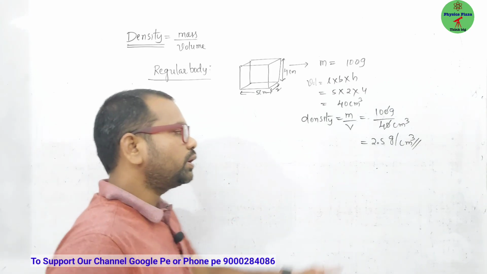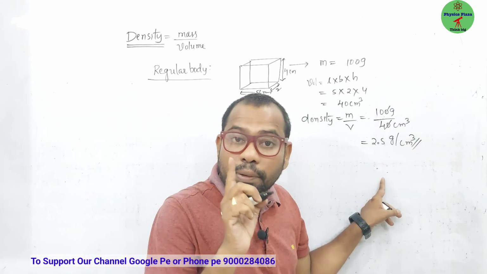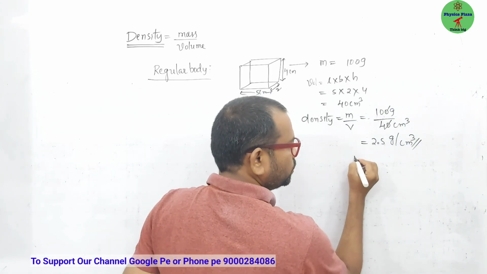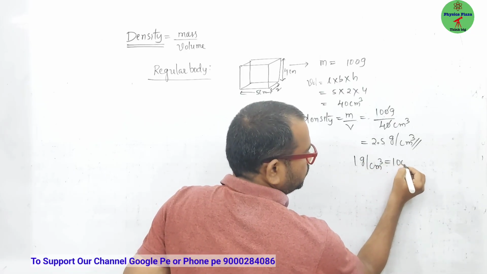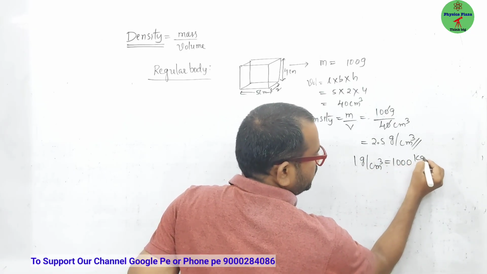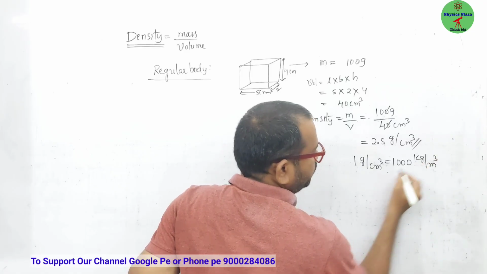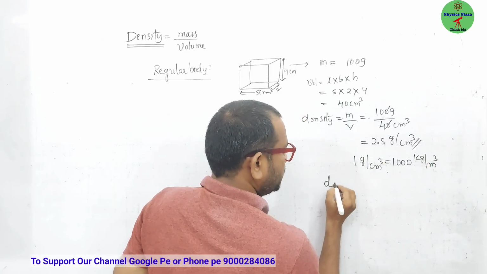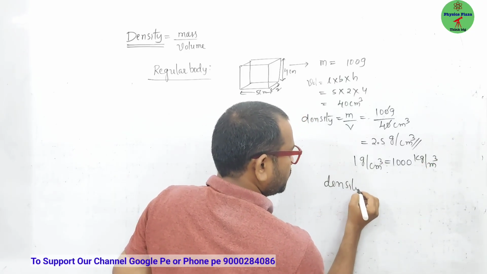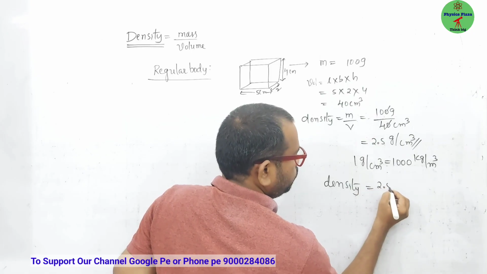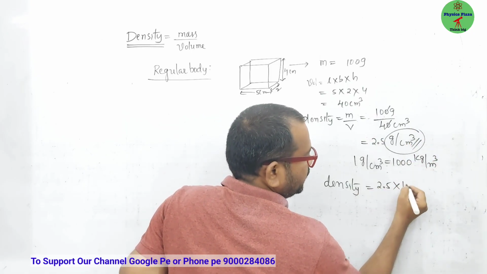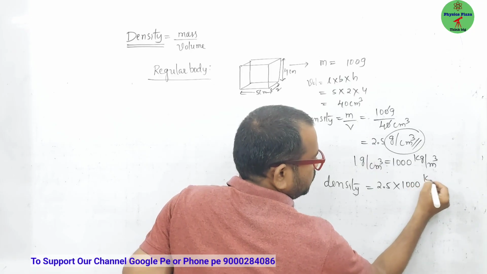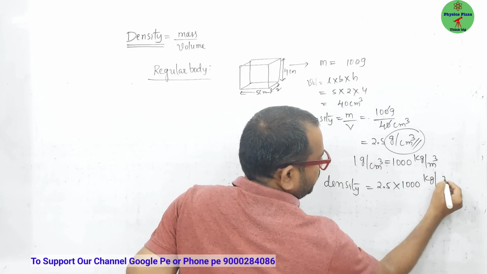If you want to convert into kg per meter cube, you must multiply by 1000, children, because we know that 1 gram per centimeter cube is equal to 1000 kg per meter cube. You substitute that. Density is equal to 2.5 into 1000 kg per meter cube.